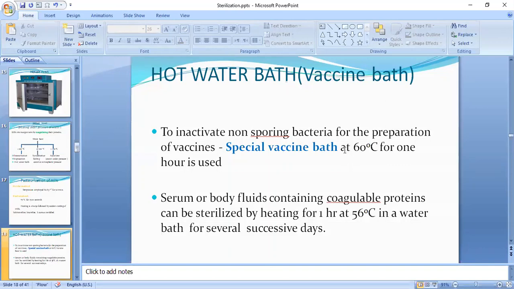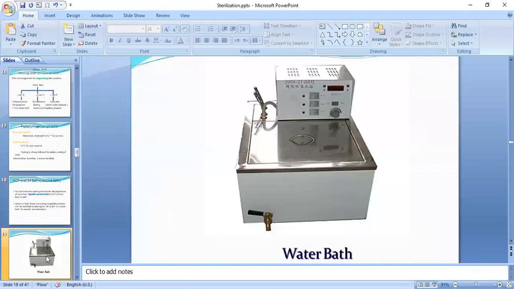The temperature is 100 centigrade for 1 hour, and this is one of the steps in vaccine preparation. So this is the water bath as shown in the image.